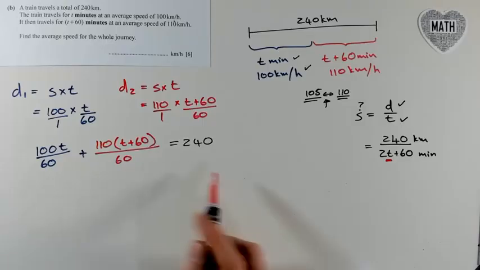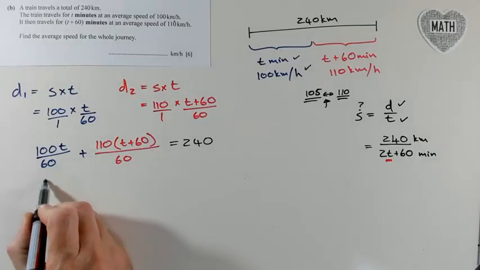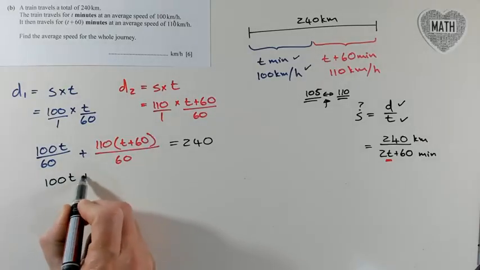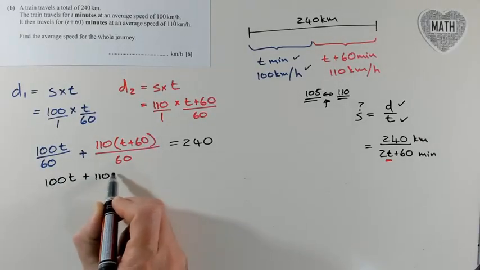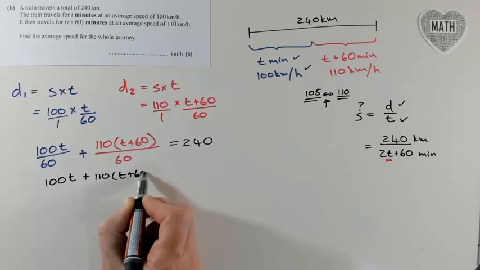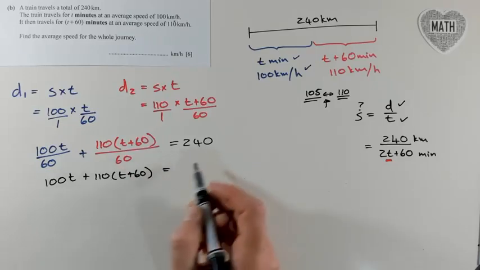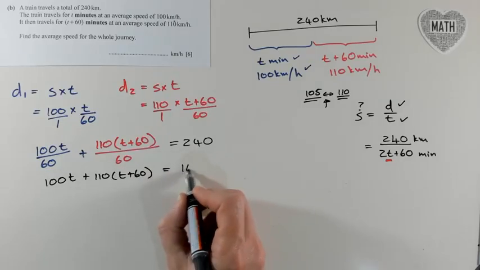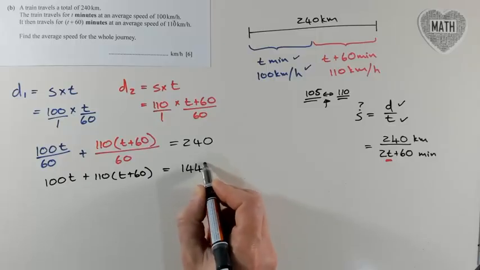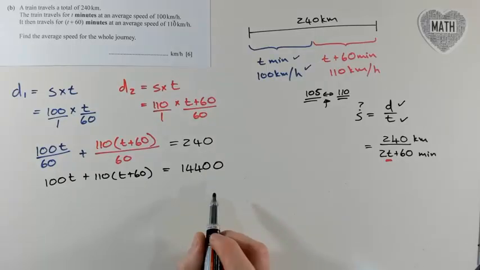So I'm going to multiply by 60 right straight through. I think I'll just do everything in one color moving forward. So I'll have 100t plus 110 times t plus 60. And if I times 240 with 60, 24 times 6, okay. Don't think I'm cool, I did work this out on my calculator before.